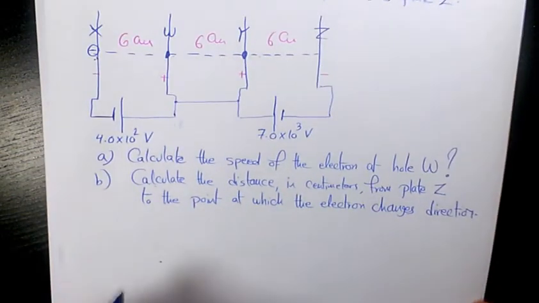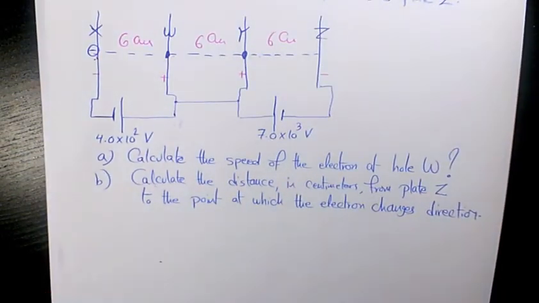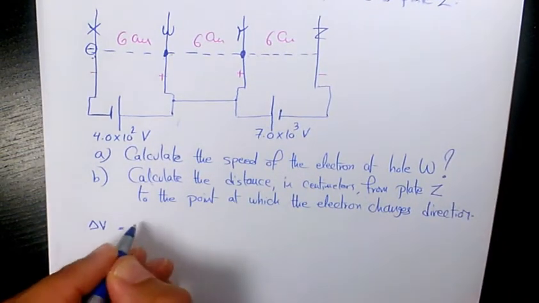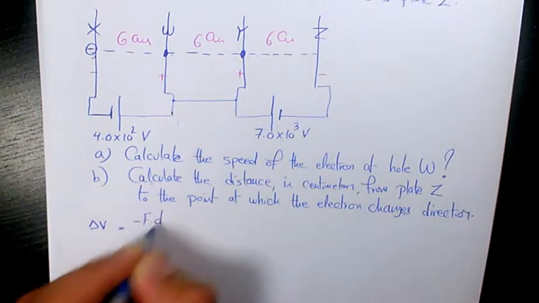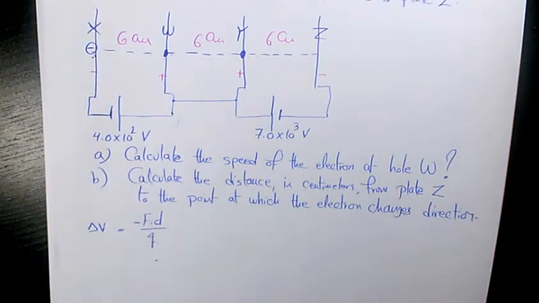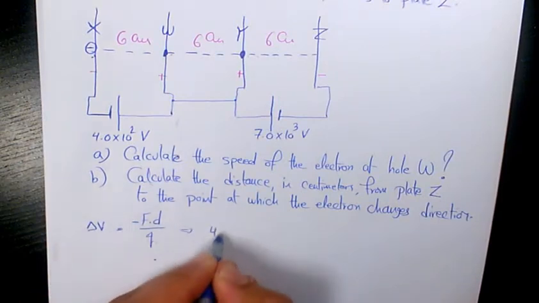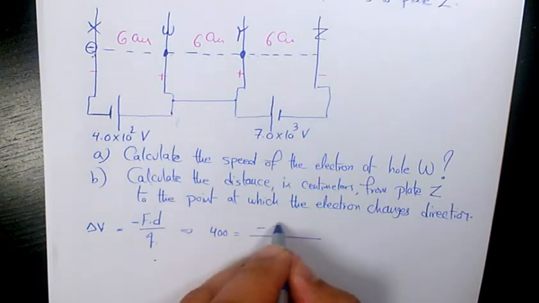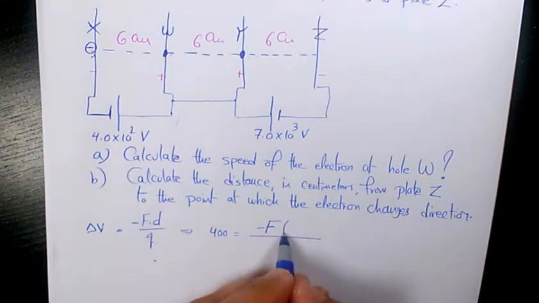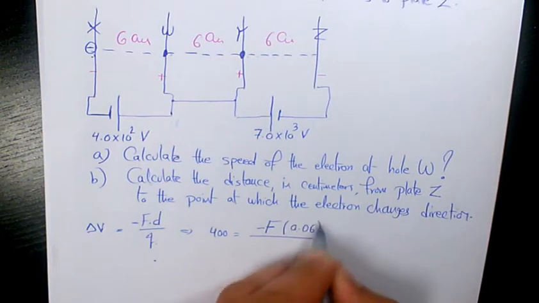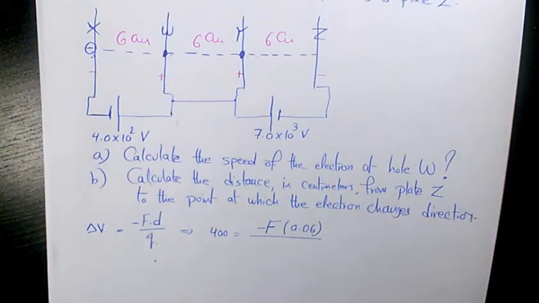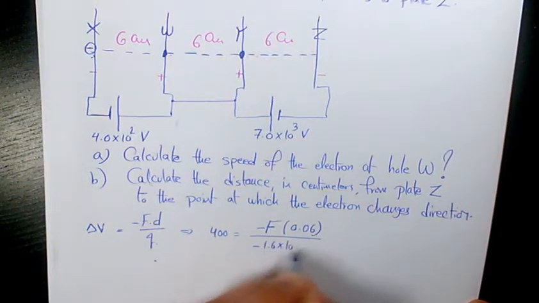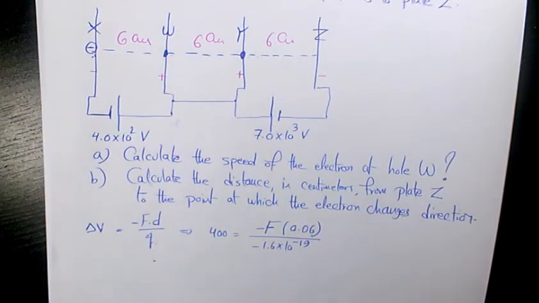We can say delta V equals negative F times D divided by Q. Delta V is 400, D is 6 centimeters, which in meters is 0.06, and the charge of the electron is negative 1.6 times 10 to the power of negative 19.